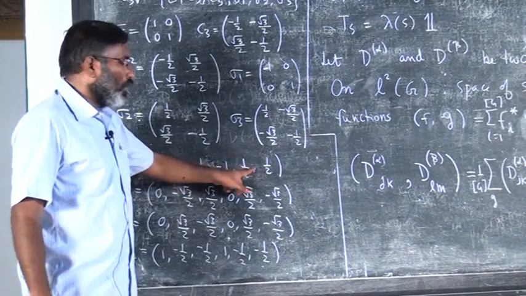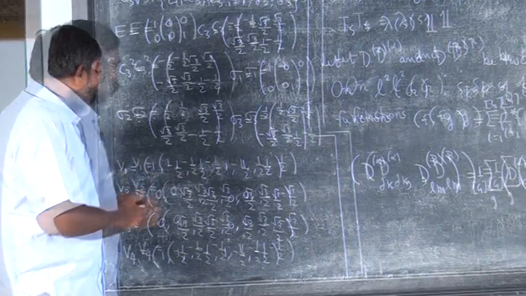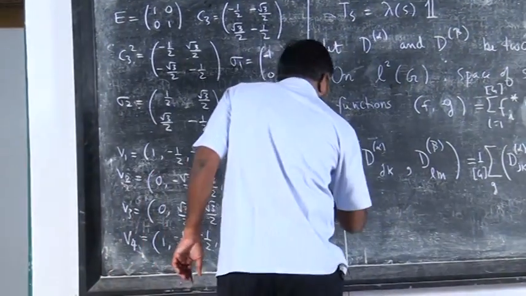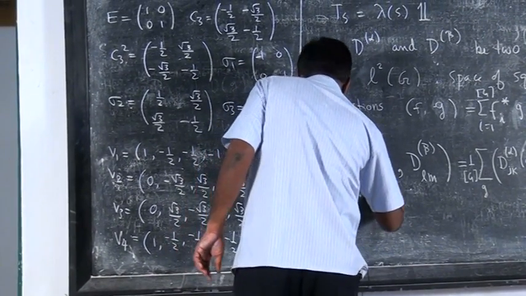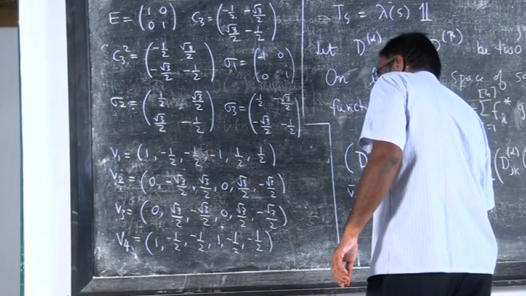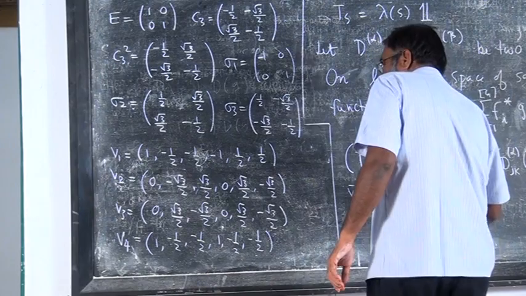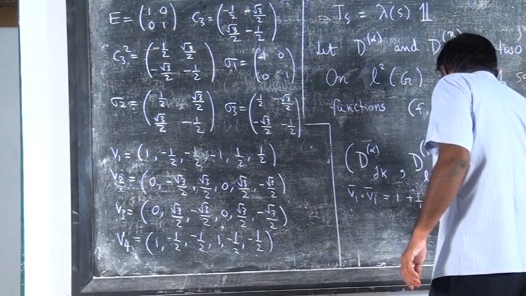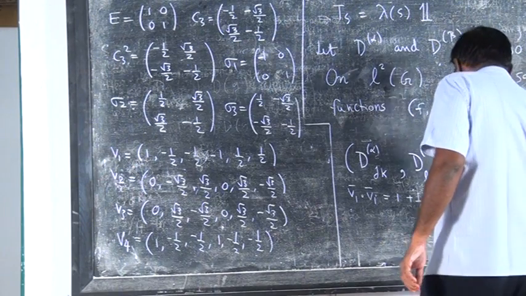What is V1 dot V1? One plus 1 by 4 plus 1 by 4 plus 1 and so on, we have 6 terms.